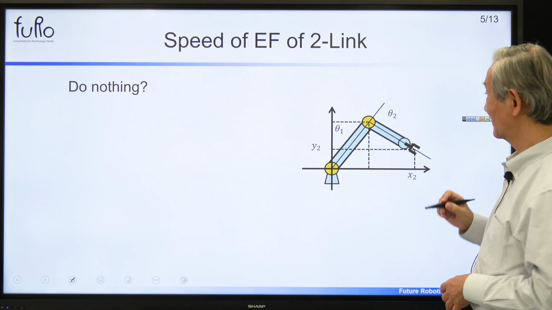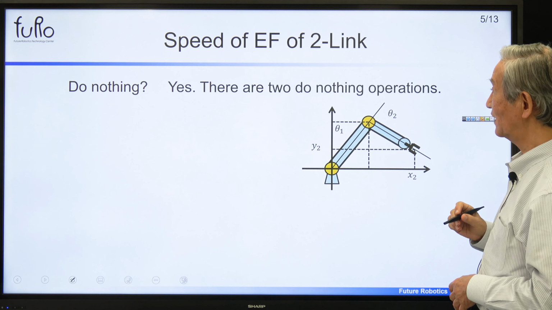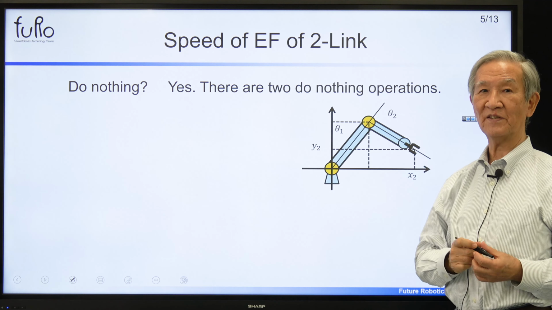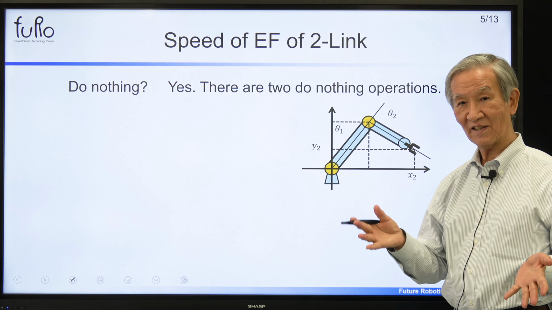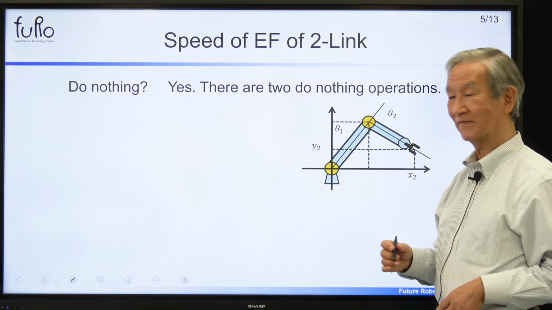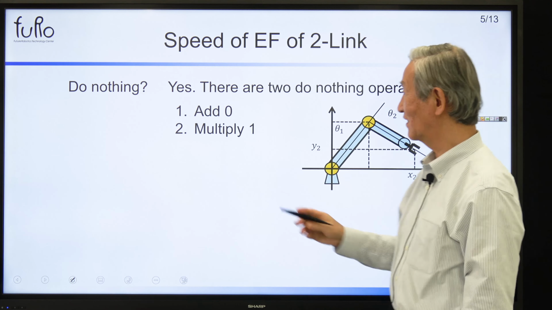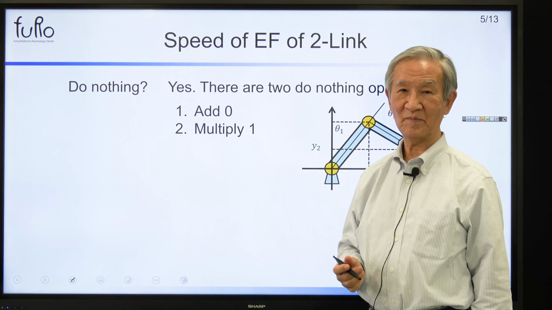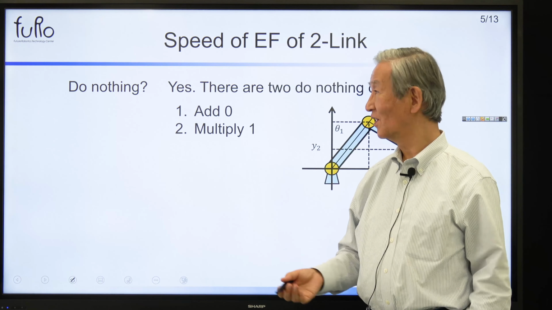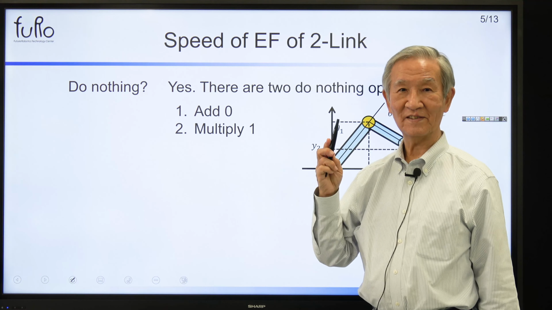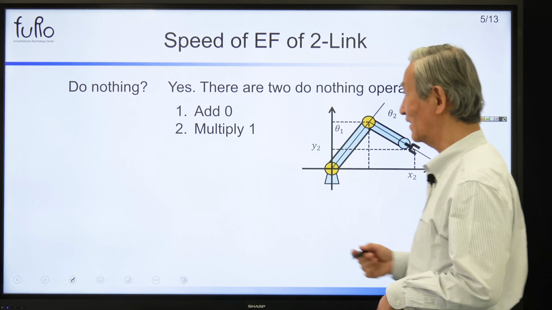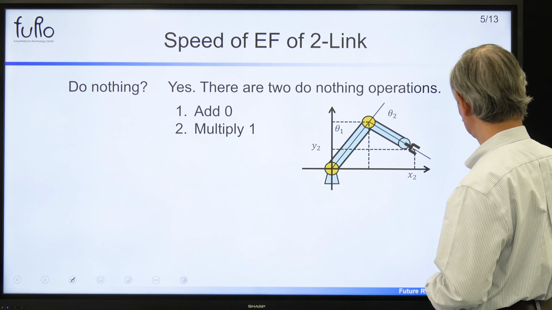Do nothing? Yes. Actually, there are two do-nothing operations. What do you think are the do-nothing operations? Some of you may have noticed. One of them is add 0. Of course, that's do-nothing, right? Or multiply by 1. That will do nothing. Those are the ones I am going to use.